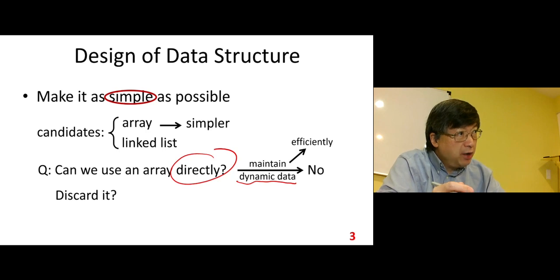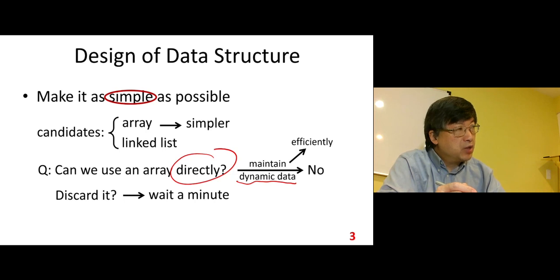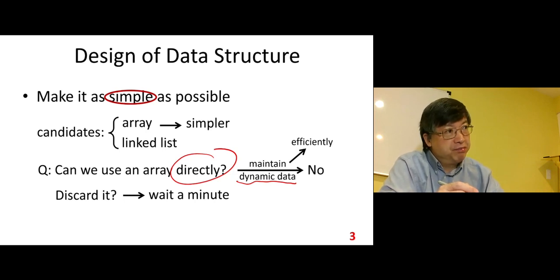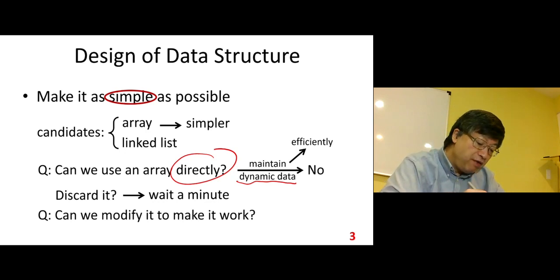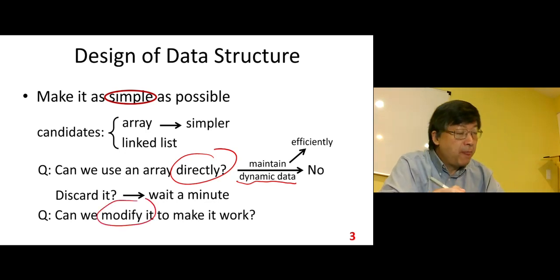Should we discard it? Do not make that decision so fast, because we still have a chance. Don't throw away something useful quickly like that. Can we modify it to make it work?